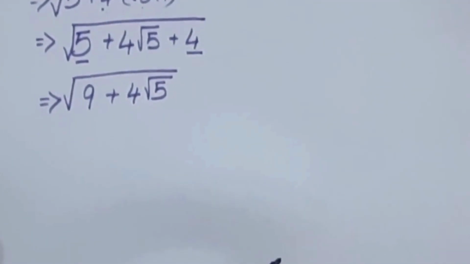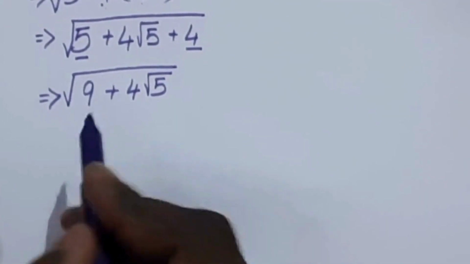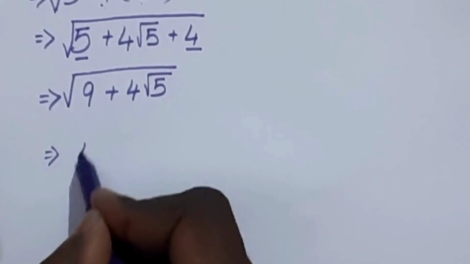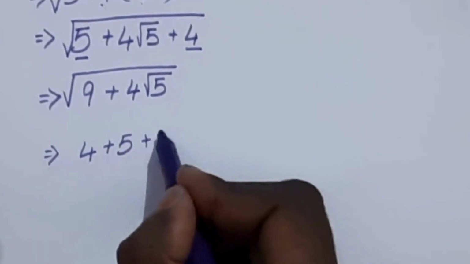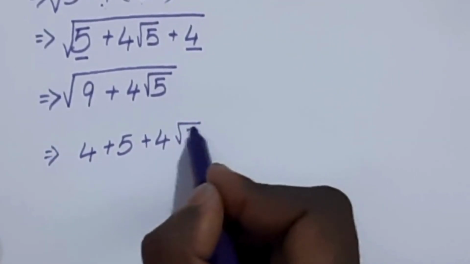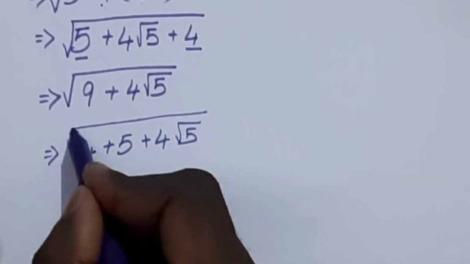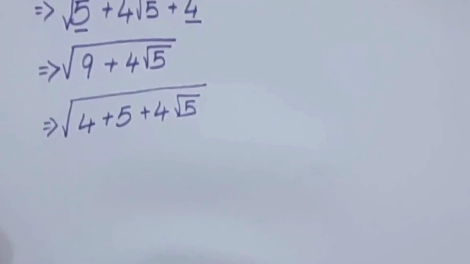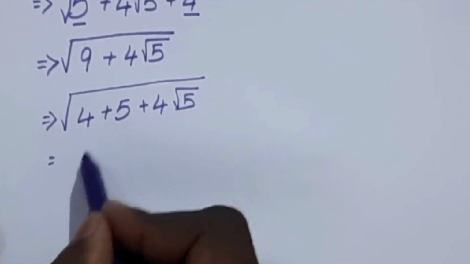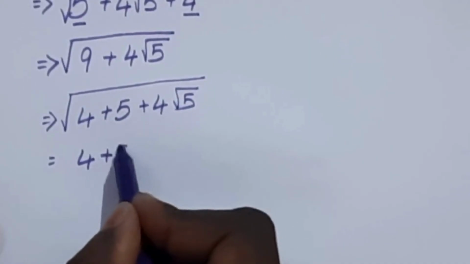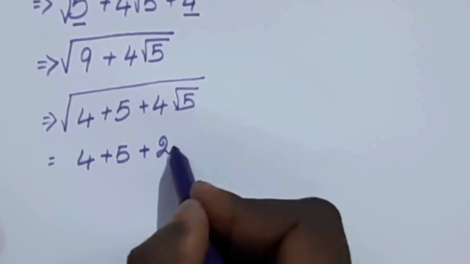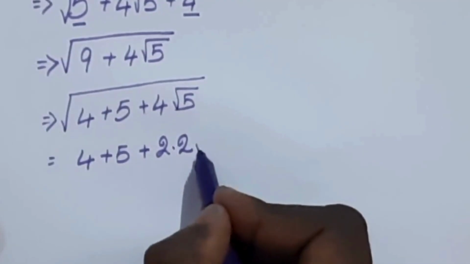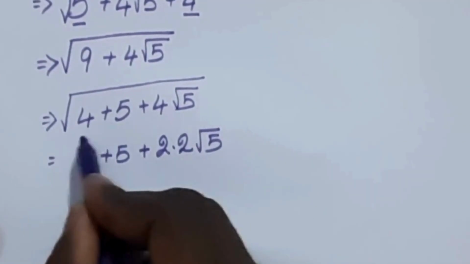Now this 9 can be written as 4 plus 5 plus 4 times square root of 5. Now this 4 plus 5 plus this 4 can be written as 2 times 2 square root of 5.